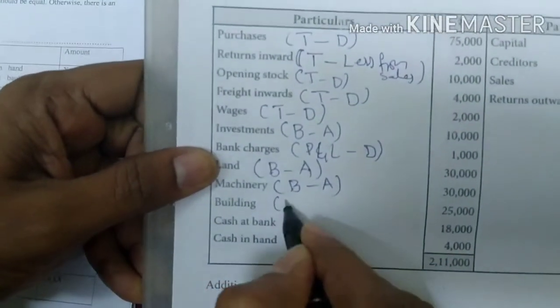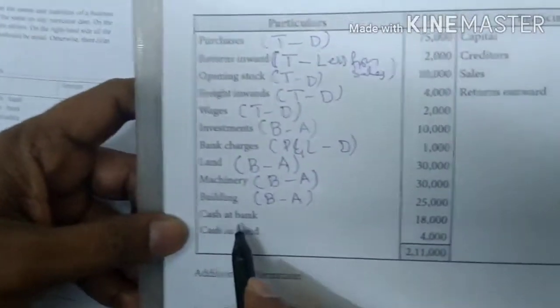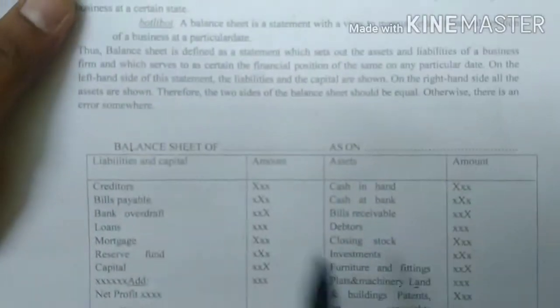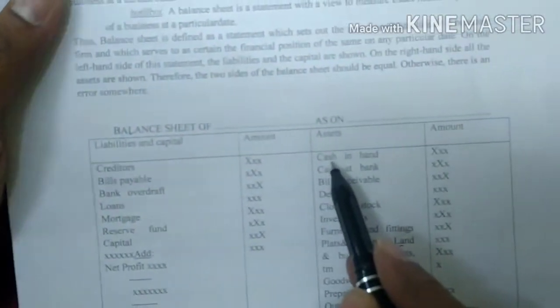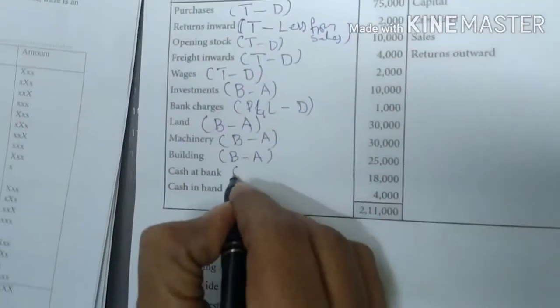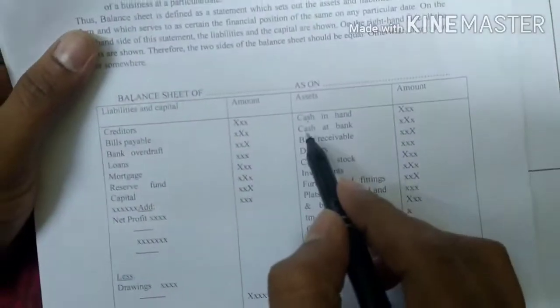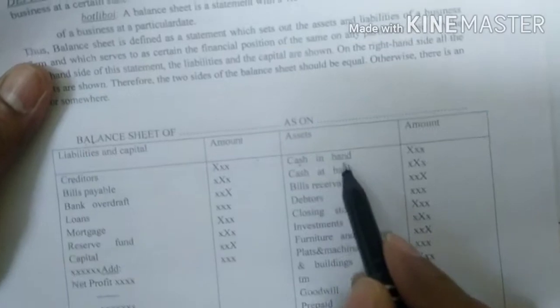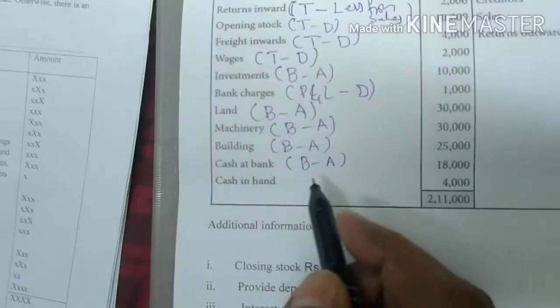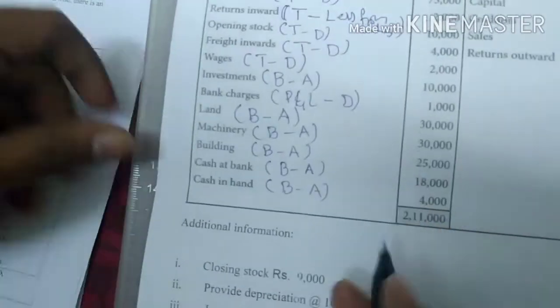Next, cash at bank. Cash at bank is on the balance sheet asset side. Another one, cash in hand. Cash in hand is also balance sheet asset side.